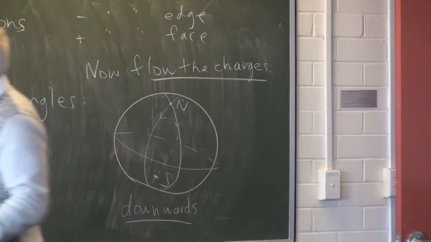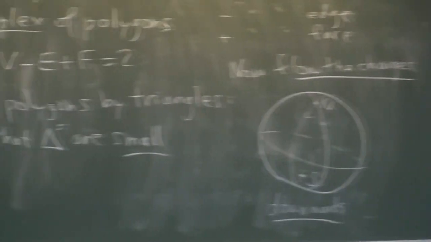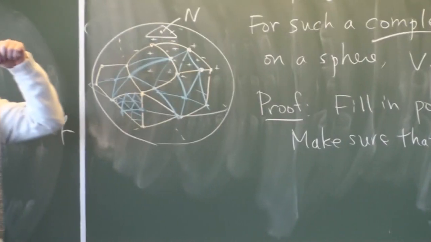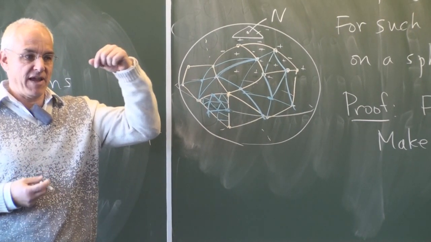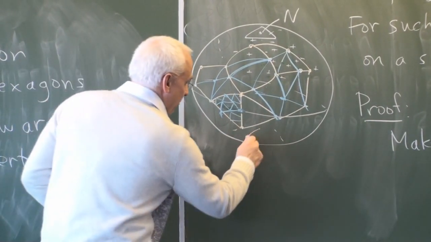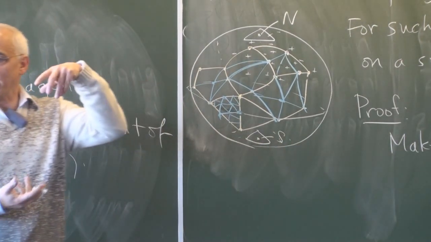Okay, so we have our complex of triangles, and our north pole and south pole. Let's put the north pole up here, and arrange that the north pole is not on the complex, so it's in some particular face. And we'll arrange that the south pole, which is on the back somewhere, is also in some triangular face at the bottom.